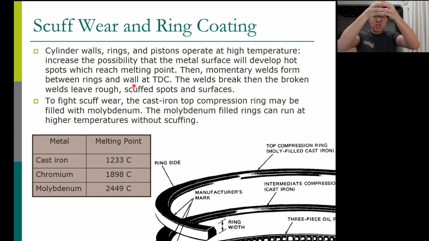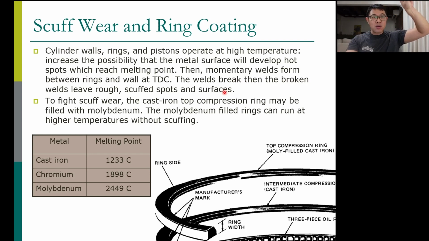When the piston moves to the top, it welds to the top because it stops a little bit at top dead center. When it is very hot, the ring melts and welds to the cylinder wall. This little metal piece breaks, then it creates a rough and scraped spot on the surface of the cylinder wall. So basically, when it goes to top dead center, if it cannot withstand high temperatures, it melts.